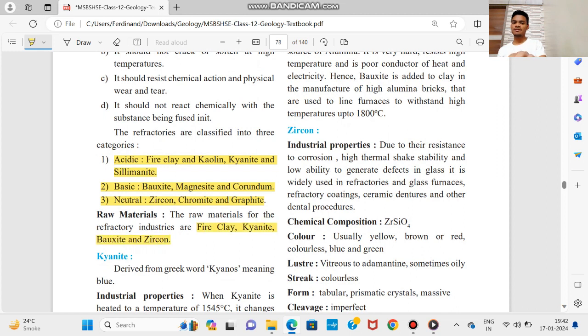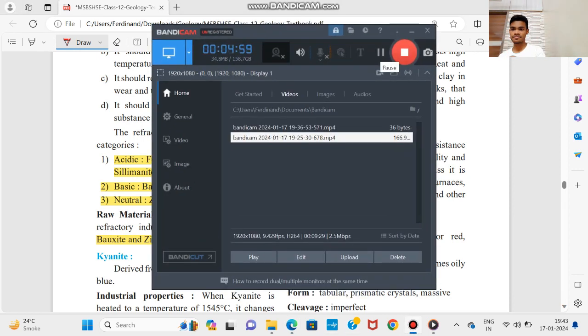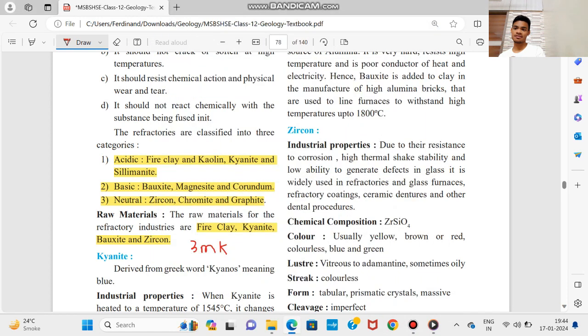The raw materials of the refractive industry are fire clay, kyanite, bauxite and zircon. They had asked a 3-mark question in 2022: write the chemical composition of the raw materials used in the refractive industry, the chemical composition of kyanite, bauxite and zircon.